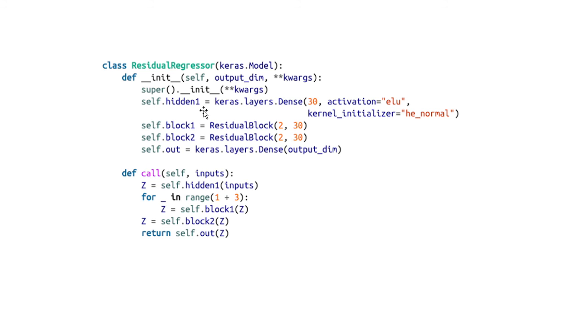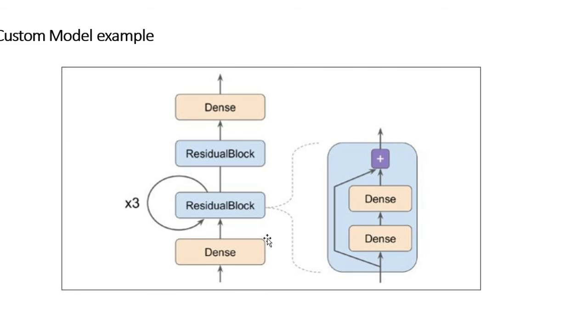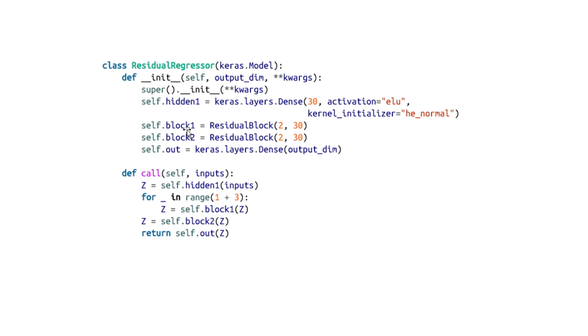Here we will create the first hidden layer, as per our diagram, and then we will create block 1 with the residual block and its values as 2, 30, and this block needs to be repeated 3 times. So that is given in the call method. That is repeated 3 times, the same self.block1.